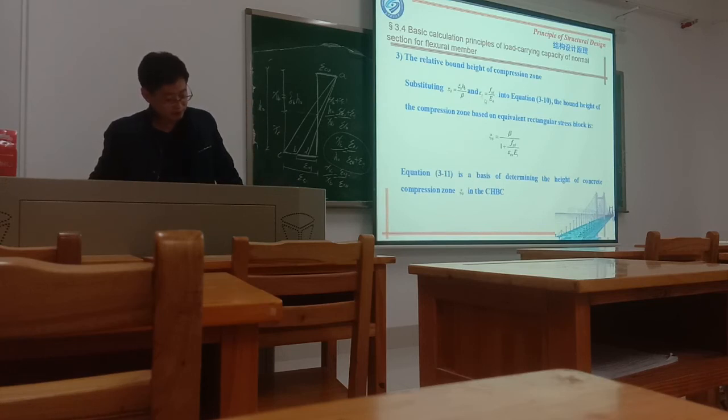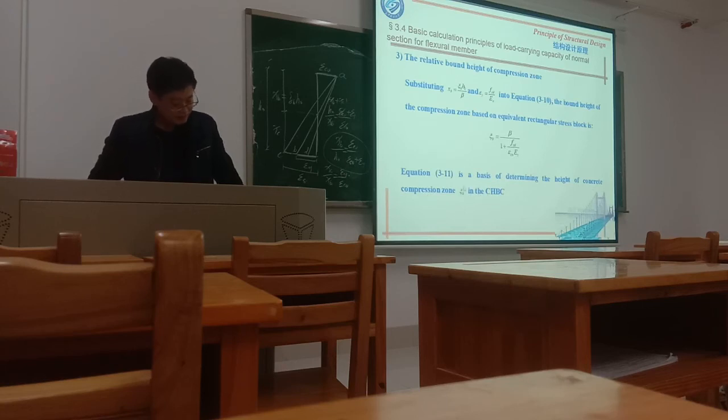So we can replace it by this. Then finally, for Cb, we can use this formula. This is the basis to determine the height of the concrete compression zone.